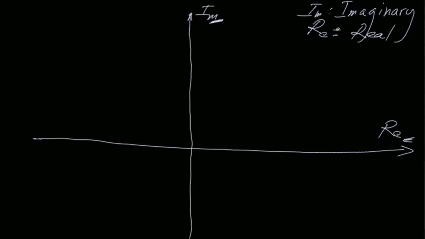Right? So I'm going to choose a blue color, and I'm going to represent the current. So the current is represented with this arrow in here. How long is this thing in here? It has 2 units. So from here to here is 2. Okay? 2 units. That means 2 amps.